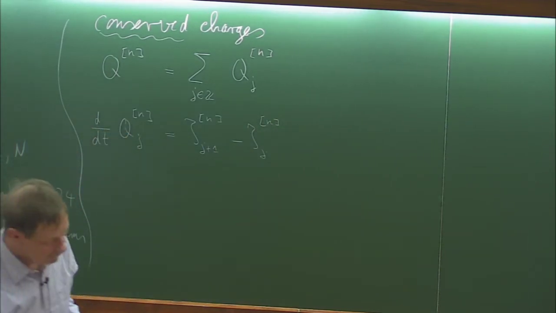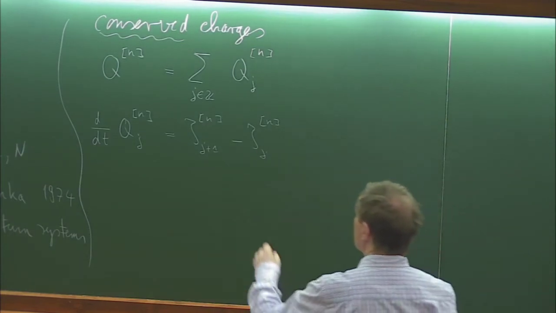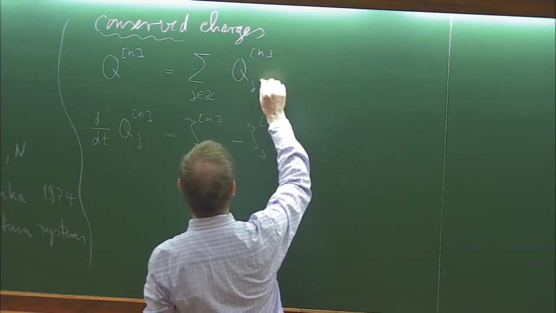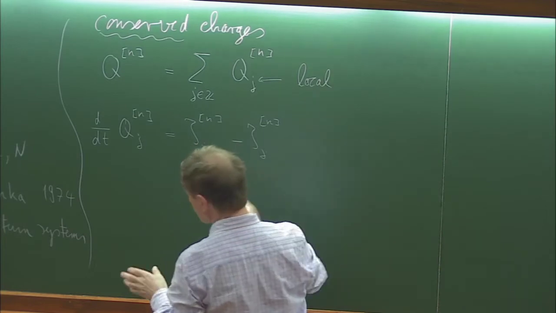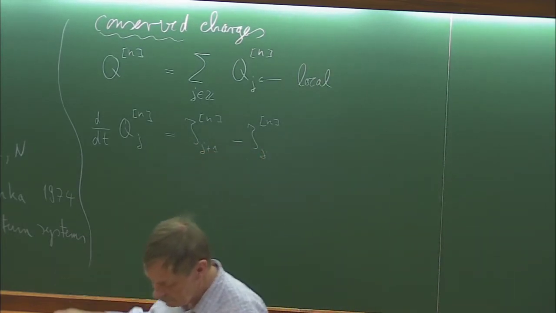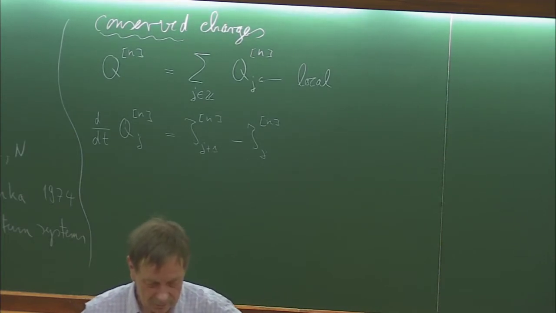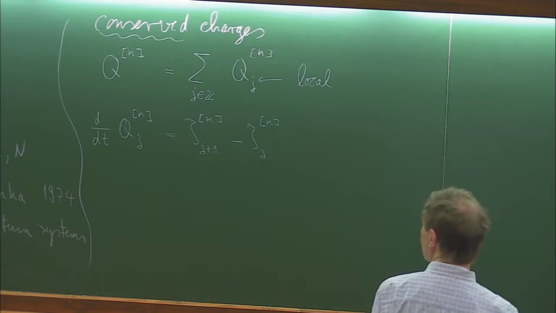Now the observation is that the Q's I require to be strictly local. For me, local is really strictly local: it just depends on a finite number of lattice sites.